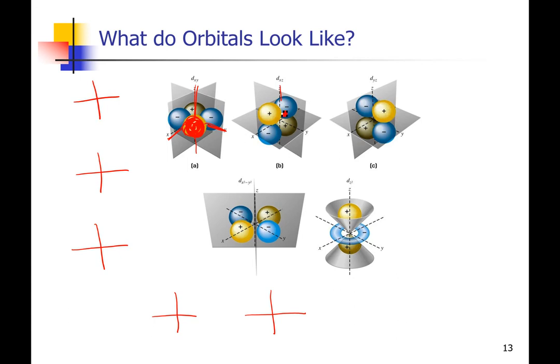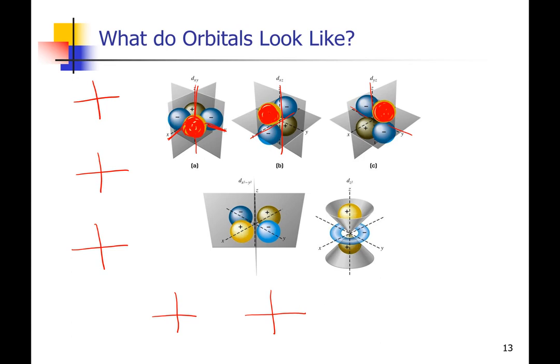And here's your dxz showing you a lobe in the middle of the x and z axes, and the dyz here again showing you a lobe in the middle of the y and z axes. And all of the other lobes are similarly located in those spaces.